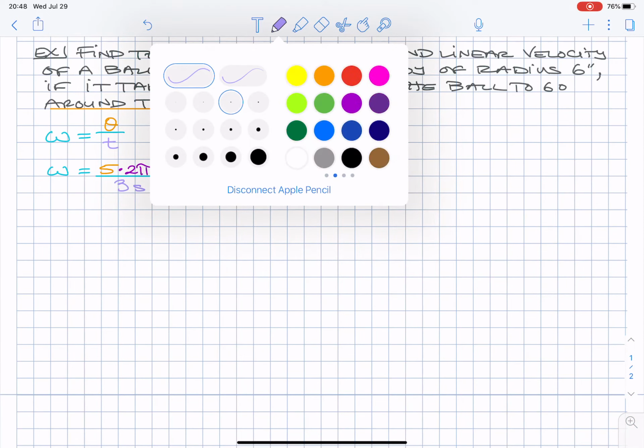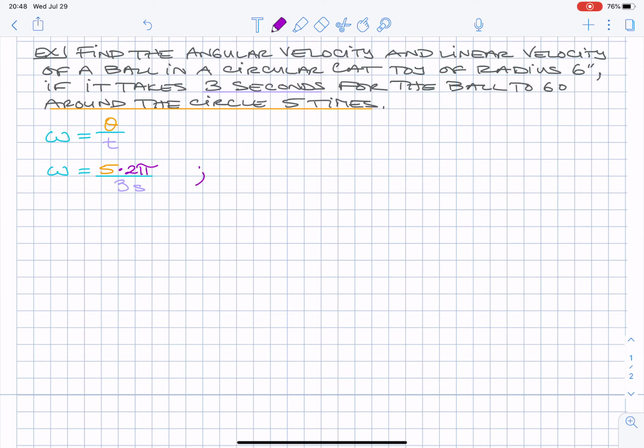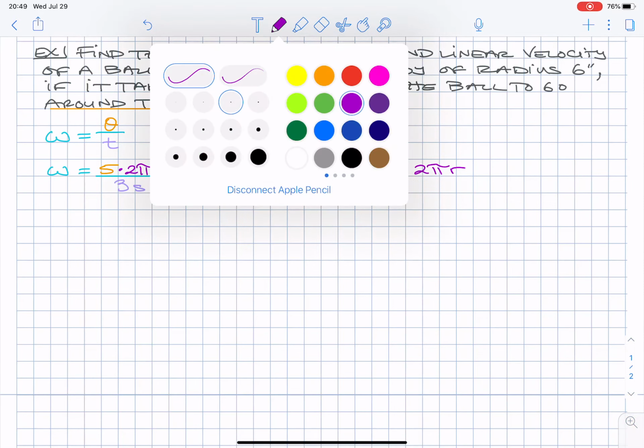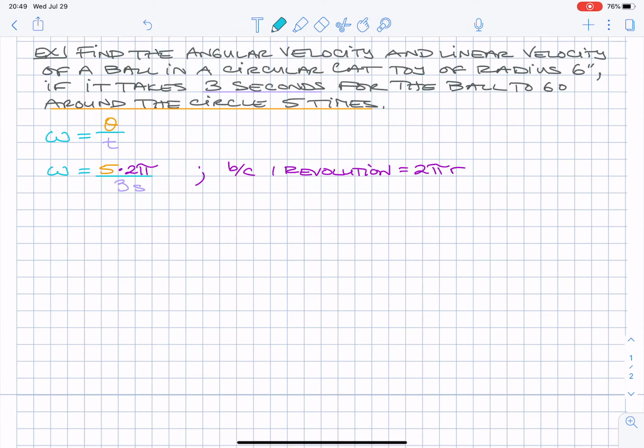So off to the side, because 1 revolution equals 2 pi, and we have 5 revolutions, right? 5 times. Okay, so I claim that my angular velocity is 10 pi over 3.